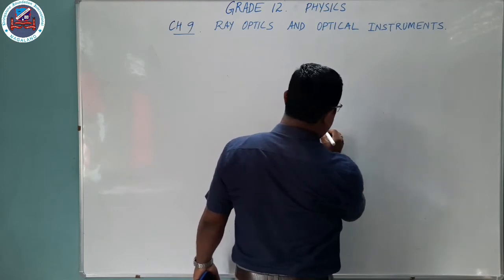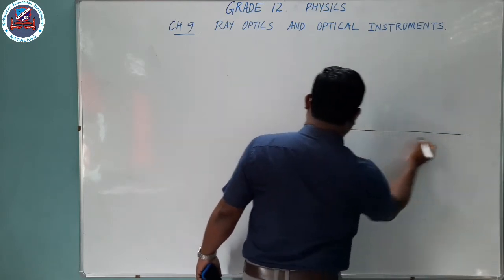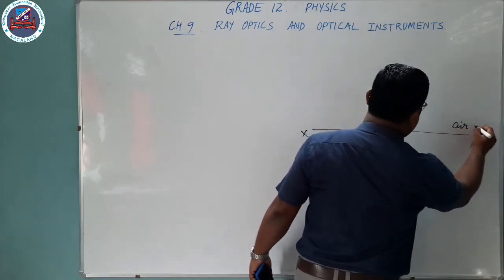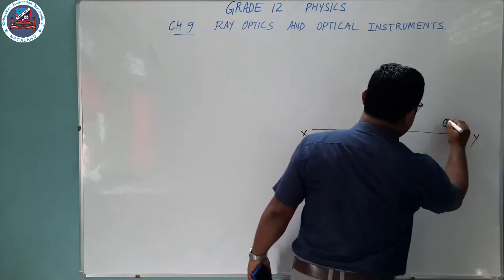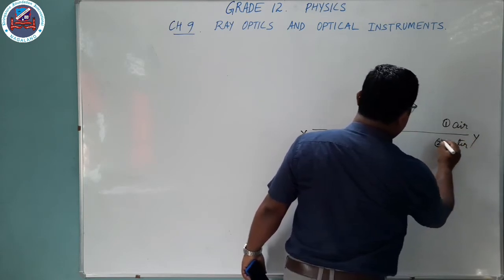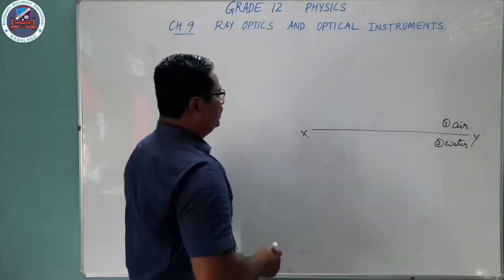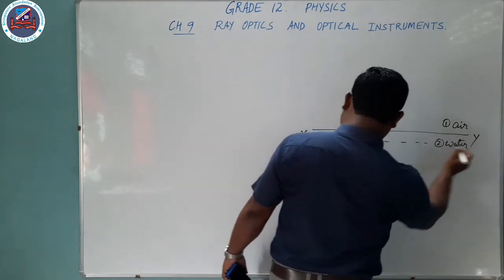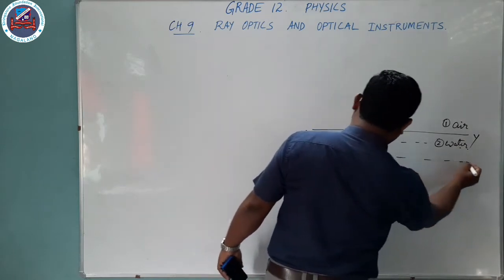Let me take an interface XY. Here let us take it as air, the first medium, and here I am taking it as water, the denser medium or medium 2. You have learned in small classes, this is water.